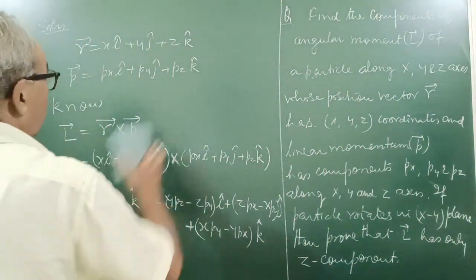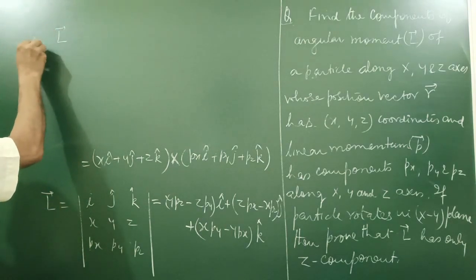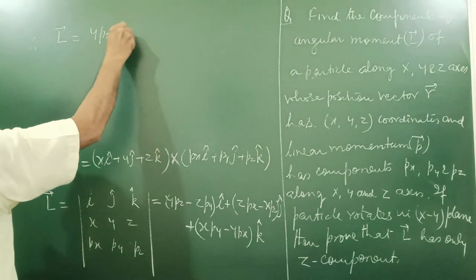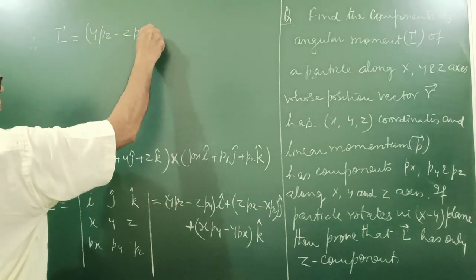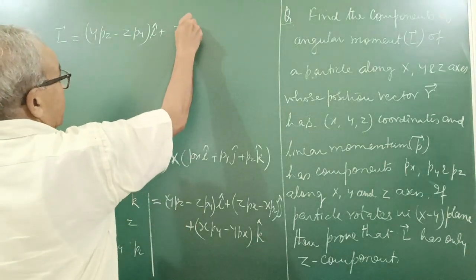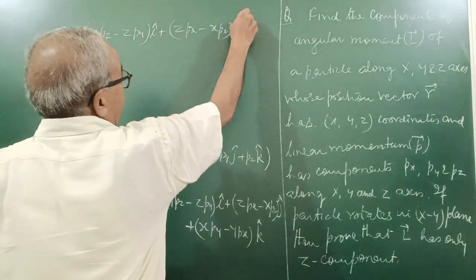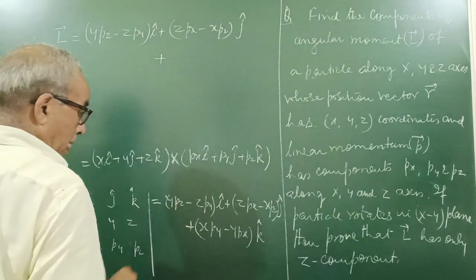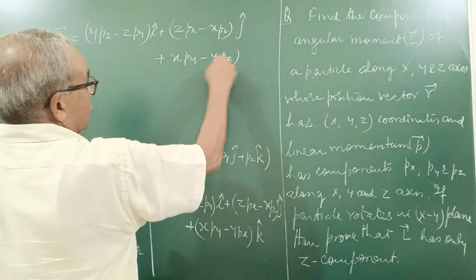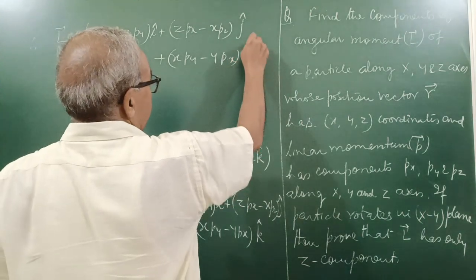Therefore vector L equals (y pz minus z py) i cap plus (z px minus x pz) j cap plus (x py minus y px) k cap.